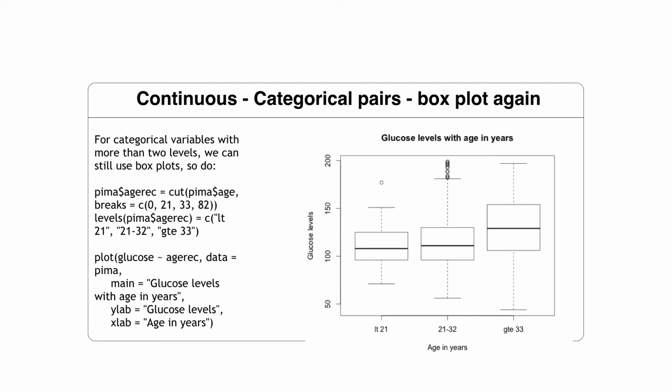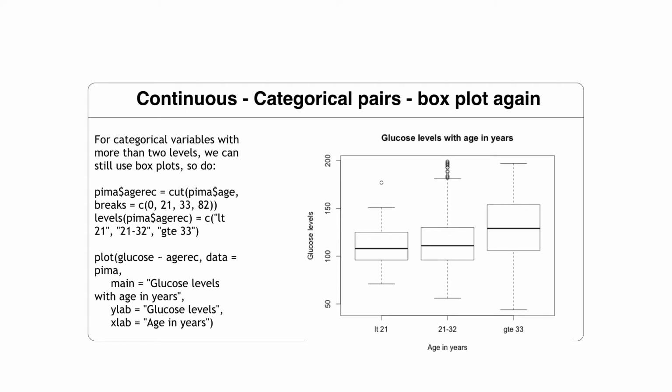Therefore, in order to introduce a categorical variable in the PIMA dataset, we created a variable called agerec and assigned it to the PIMA dataset. We specified the PIMA dataset, put a dollar sign, and next to the dollar sign added the variable agerec. That puts agerec as a column in the PIMA dataset.